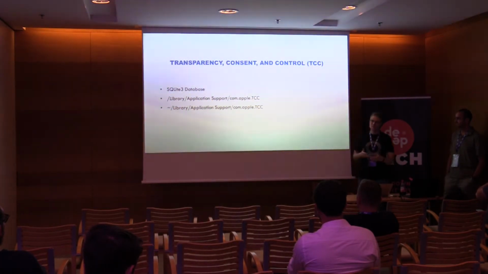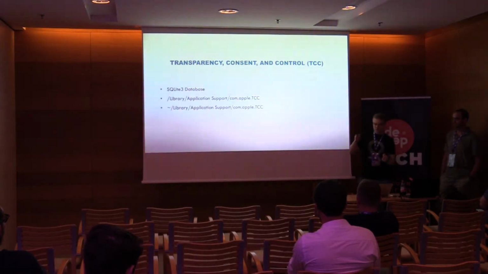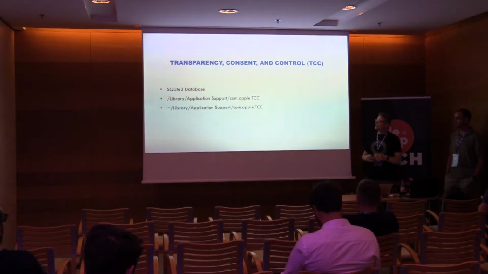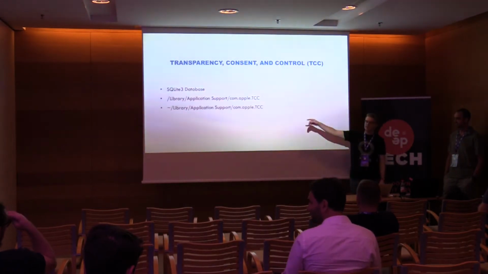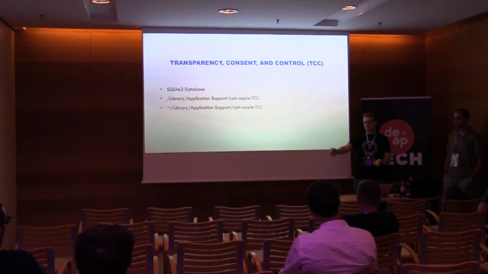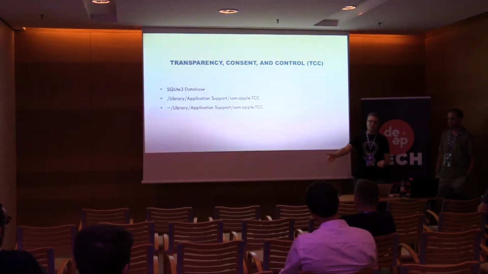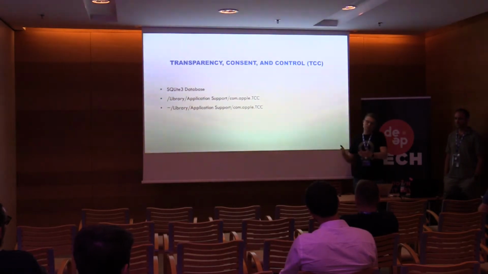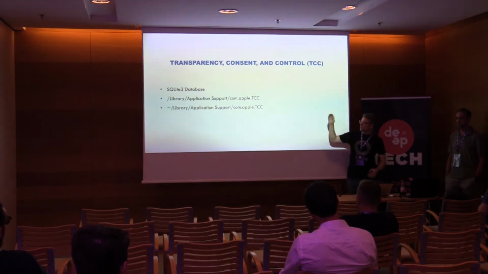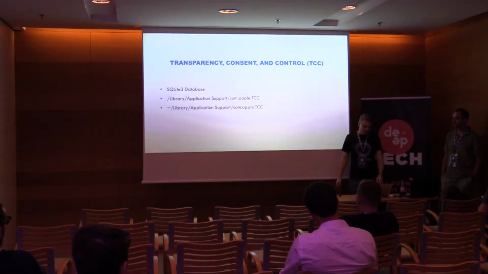This is a crucial permission. And each user on macOS, because macOS is a multi-user system, so you can have more than one user, will have their own TCC database, because for example one user wants to give, I don't know, Skype access to the camera, but the second user on macOS doesn't want to give permission for camera access. So yeah, each user has their own TCC SQLite database.